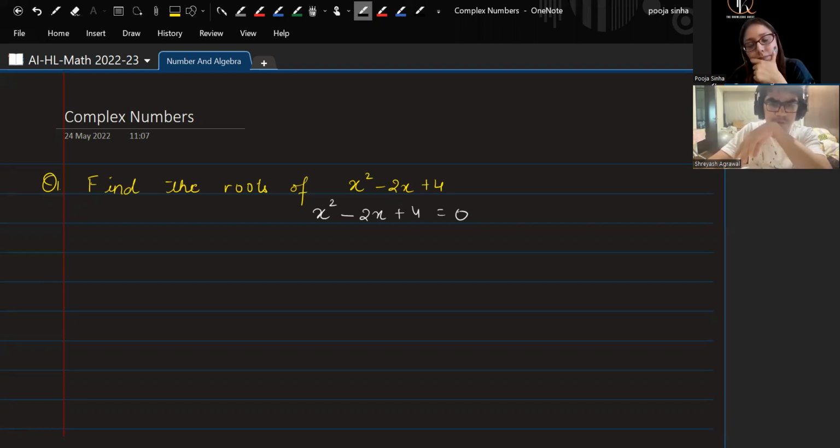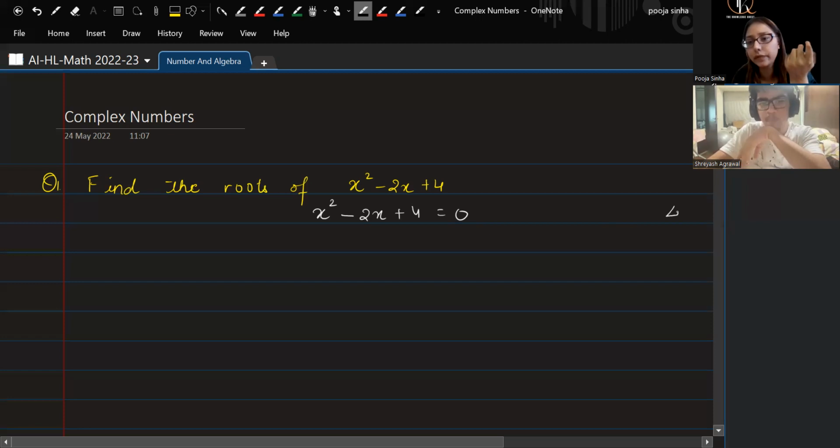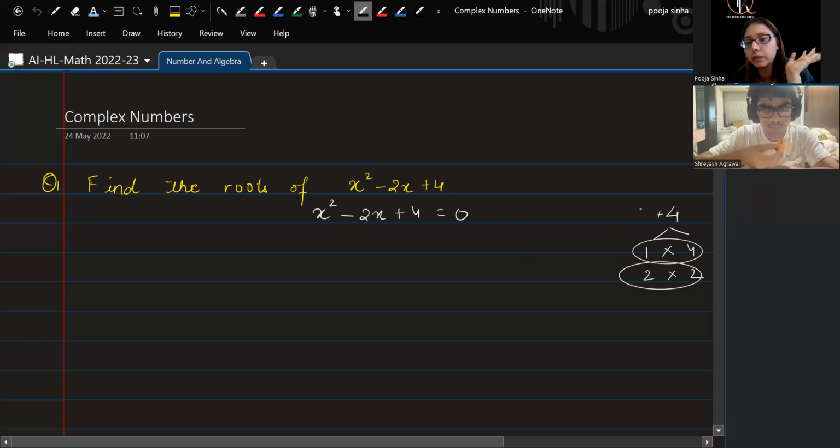Because if we split the middle term, 1 times 1 doesn't equal 4. We have to find the factors for 4, and the factors would be either 1 into 4 or 2 into 2. I need a plus 4 and a minus 2, and using these, I'll not be able to split the middle term. So this process is out of the question for us.